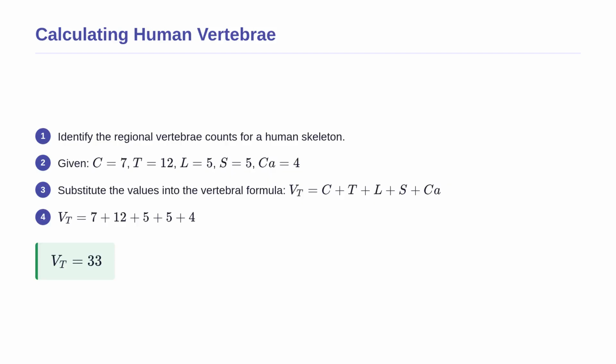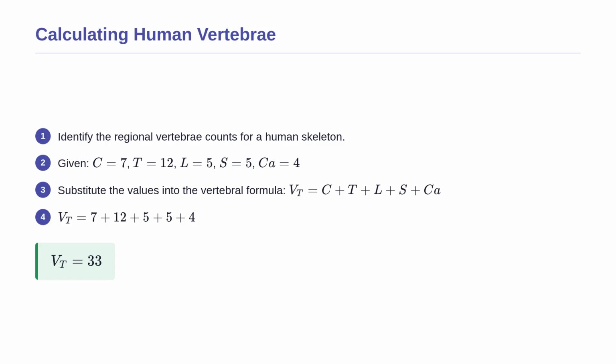Let us see this formula in action with a concrete example. Suppose a biology student is examining a human skeleton and needs to determine the total number of vertebrae to compare it with a domestic dog. We are given the specific bone counts for each region: 7 cervical, 12 thoracic, 5 lumbar, 5 sacral, and 4 caudal vertebrae.